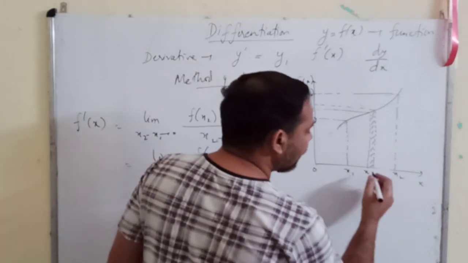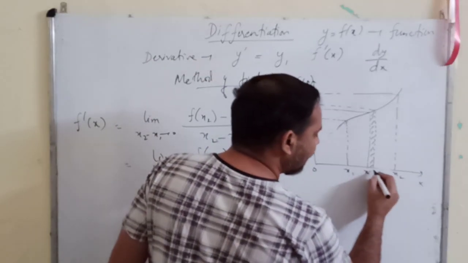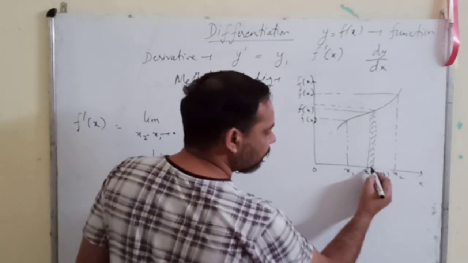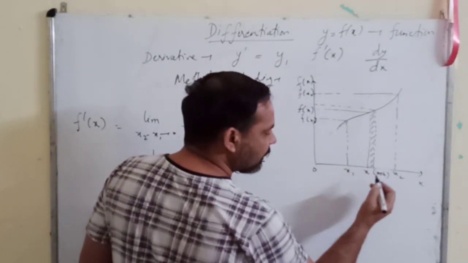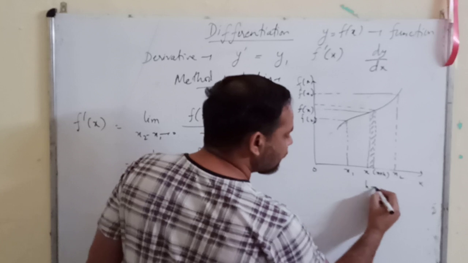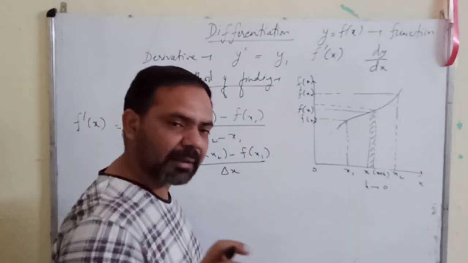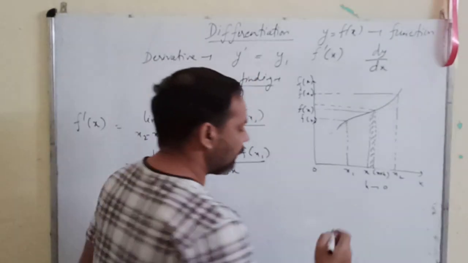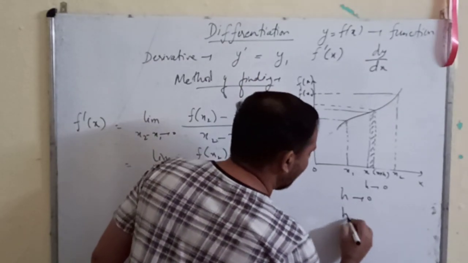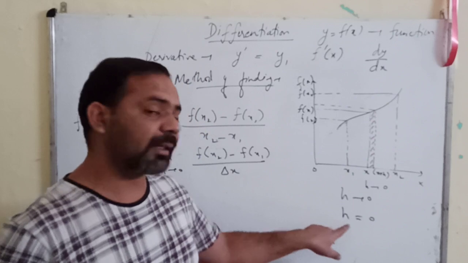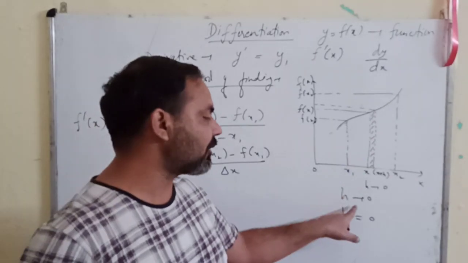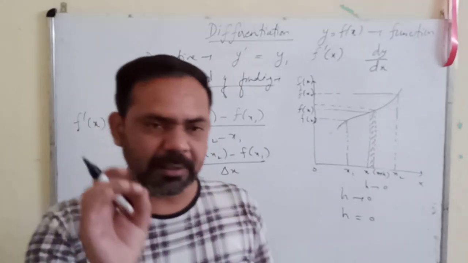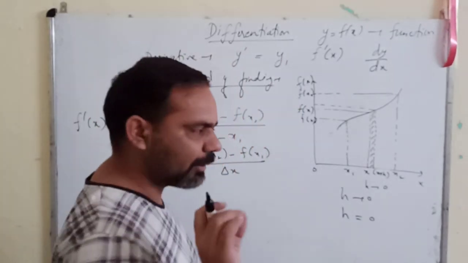Now I make a small change in x, suppose x plus h. I made a small change and reached here. What is h? h is so small that it is nearly 0. There is a difference between h tends to 0 and h equal to 0. h tends to 0 means h is so small that it is nearly 0, not 0 but nearly 0.